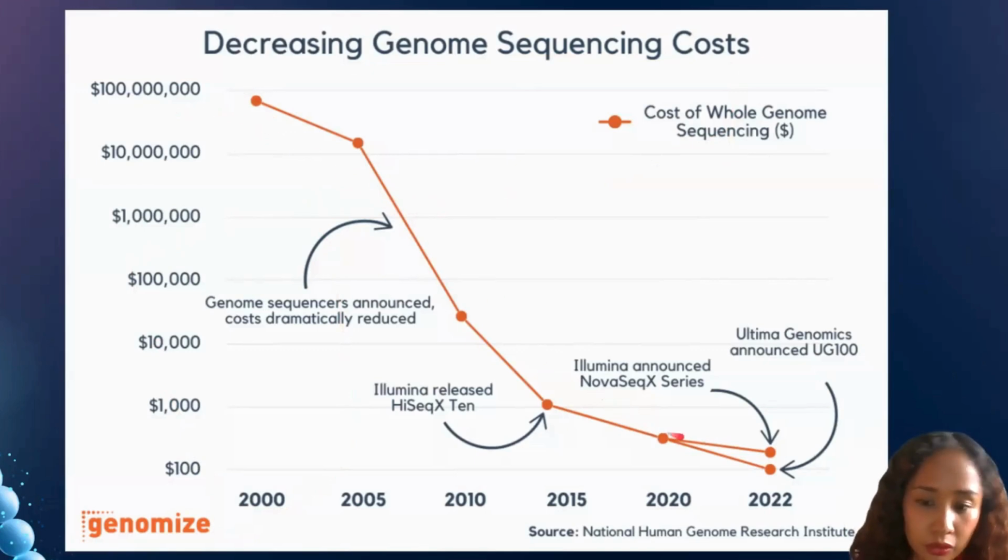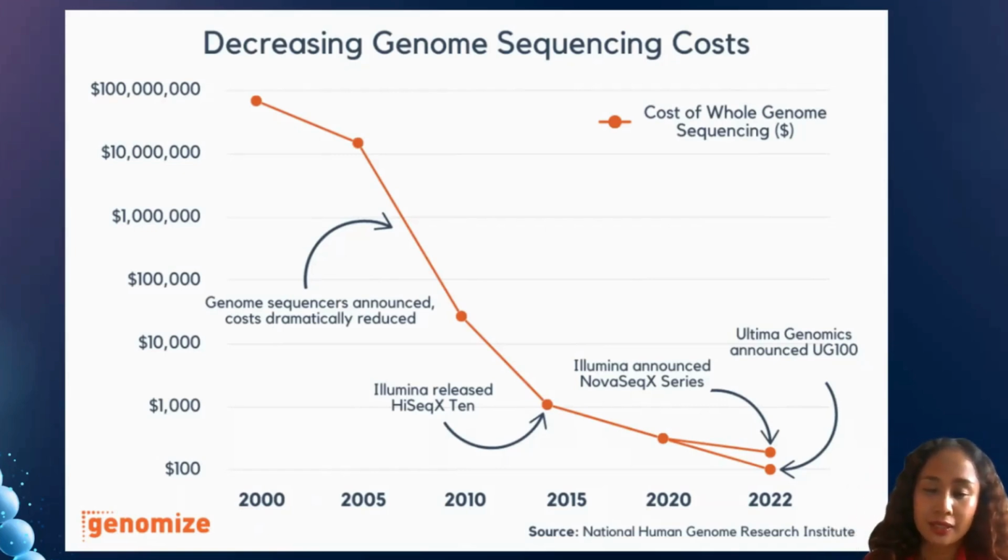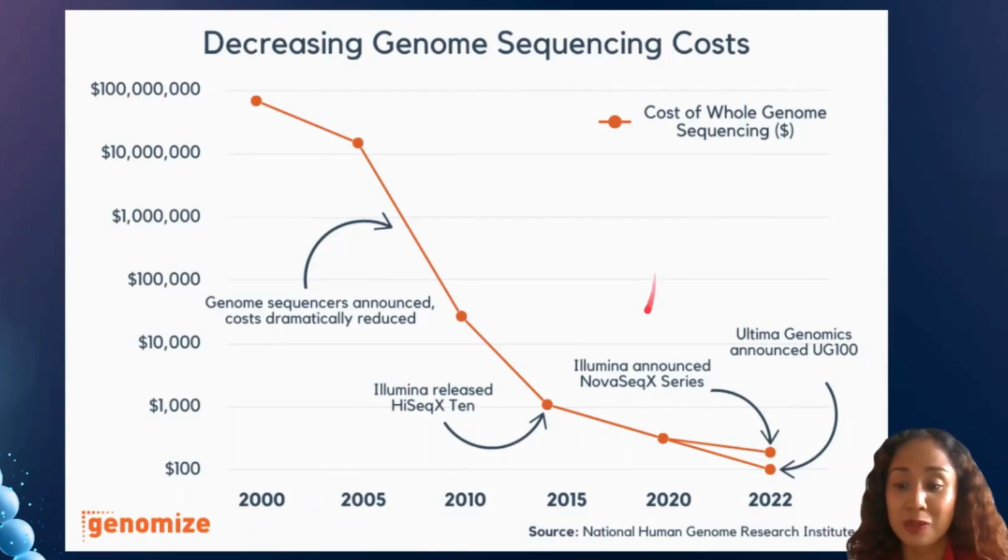Now it's down, as of 2022, with some fluctuation. Gene sequencing has become so cheap. It's now around $100, like 6,000 pesos to do human genome sequencing. So it has been more accessible during this time.